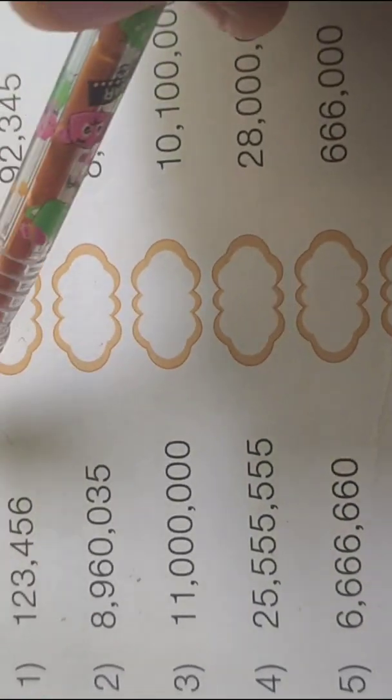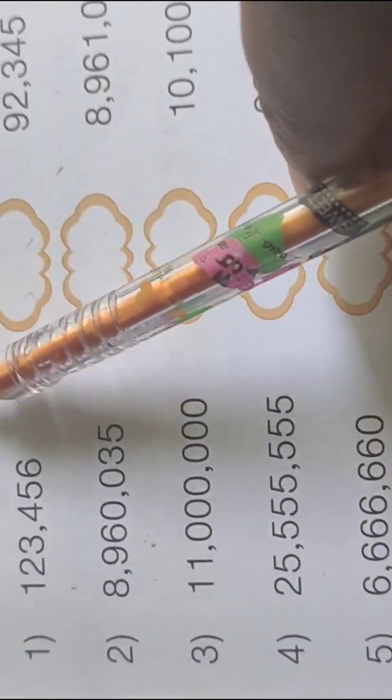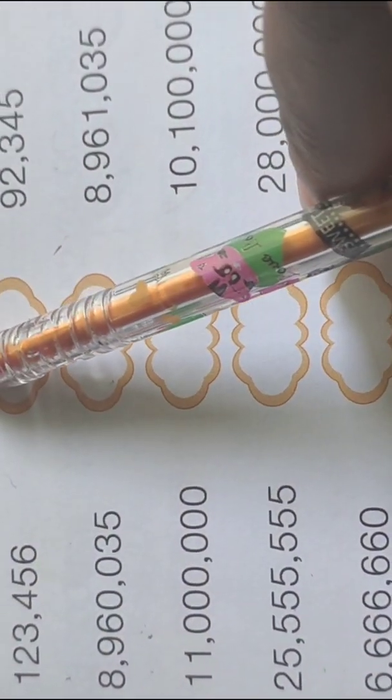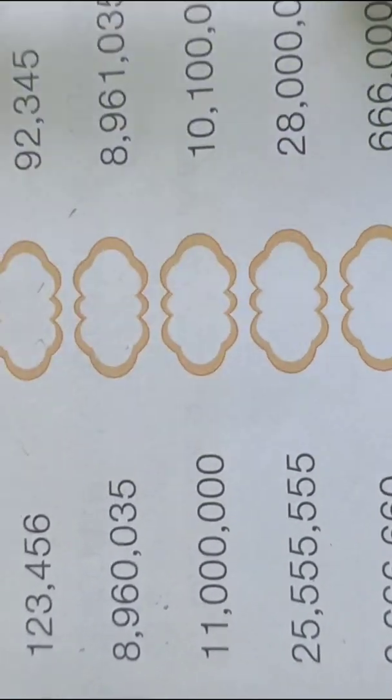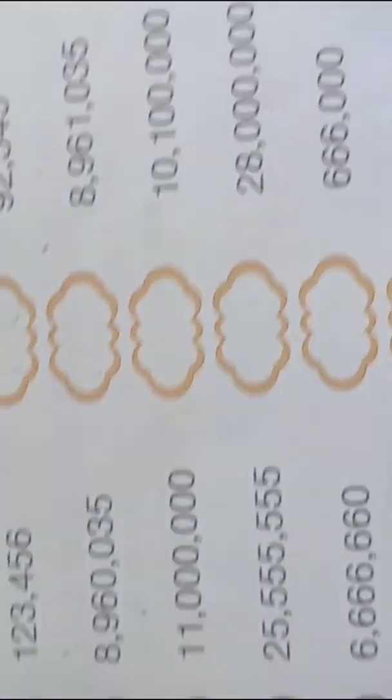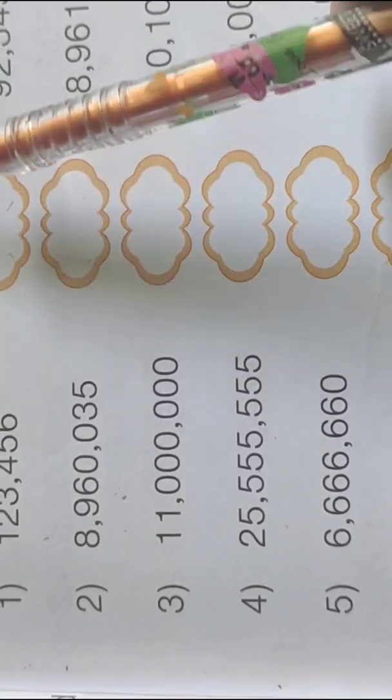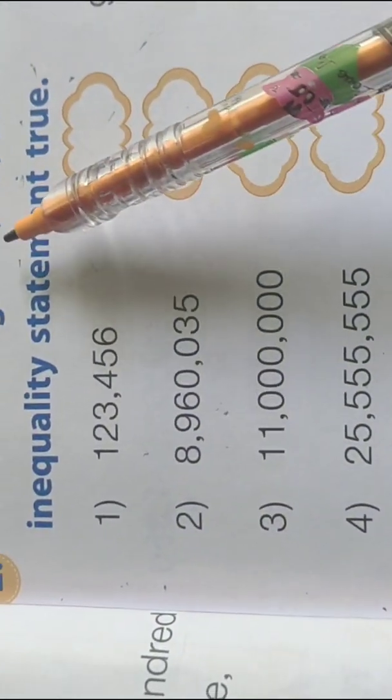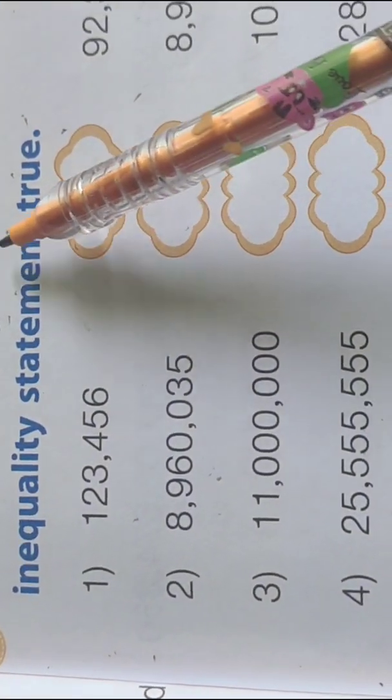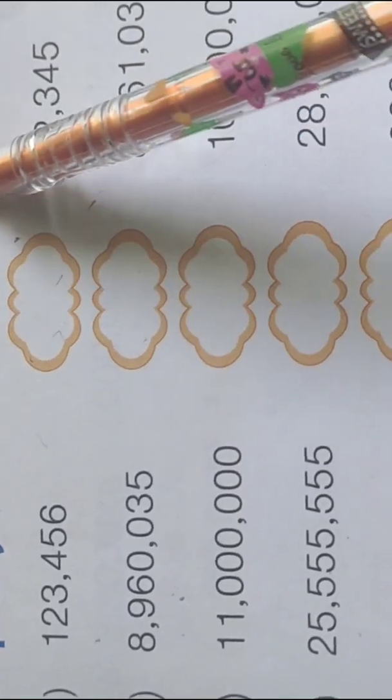Exercise 2. Let's move to exercise 2. Write the sign greater than, smaller than, or equal to between the numbers to make the inequality statement true. So we have to use either greater than, smaller than, or equal to.